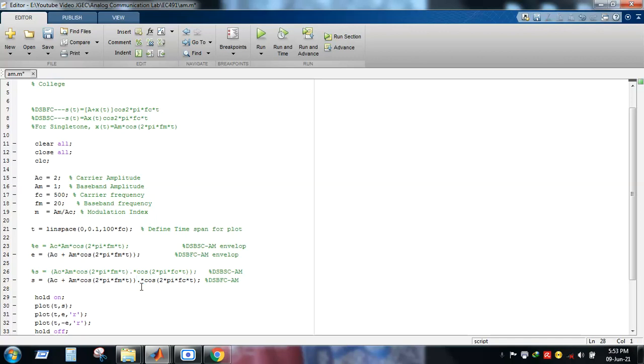This is called pointwise multiplication, because this one basically represents a vector. So for vectors, for pointwise multiplication or vectorized multiplication, we use this type of symbol. You can simply call it pointwise multiplication, cos 2 pi fct.